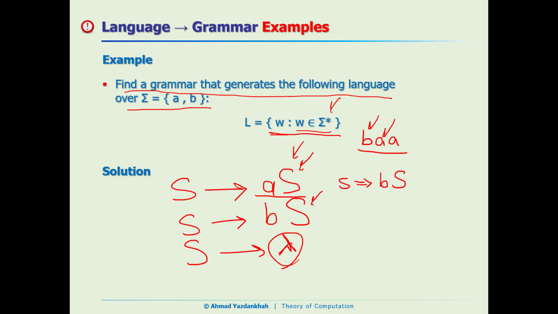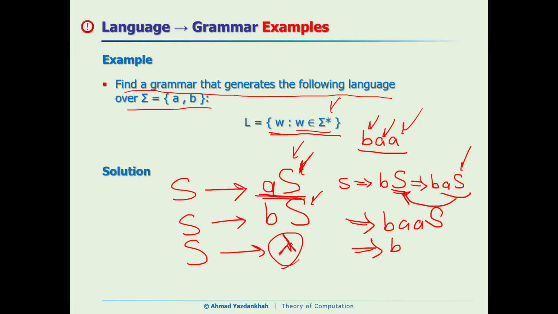Now I need an a, so I substitute this S with this guy. So I would say b a S. So this aS is a substitution for this S, right? Since I need another a, I would say this b a and substitute this S with another aS. And finally, b a a lambda, I substitute this with lambda, and this is equivalent to baa.